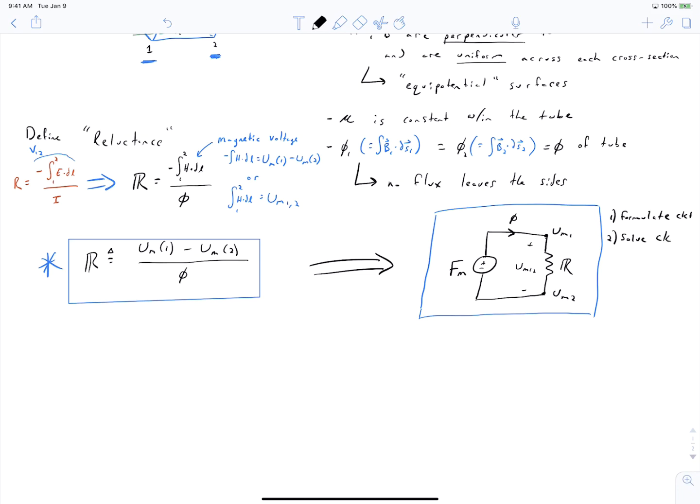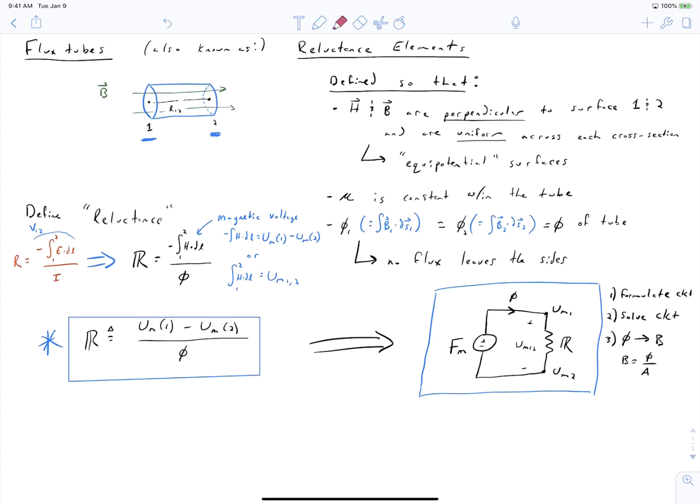So we figure out our MMFs, our magnetic voltages, and our fluxes. And then we can convert phi to flux density by saying that B is equal to the flux tube flux divided by the cross-sectional area of that flux tube, or the surface of the flux tube. Because remember that there are two surfaces. You have surface 1 and surface 2, and in general, they may actually have different cross-sectional areas.